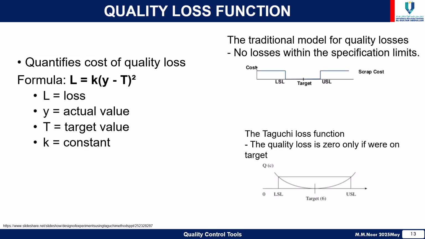So next we go to the quality loss function. It quantifies the cost of quality loss. The formula, as we can see, is L equals K times (Y minus T) squared, where L stands for loss, Y stands for the actual value, T stands for the target value, and K stands for a constant.